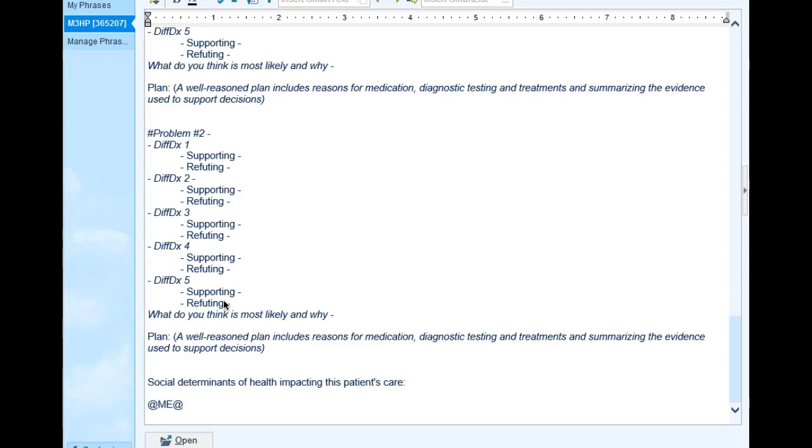Finally, I'd like you to think about the social determinants of health that are impacting the patient's care. As we've talked about in many different venues, the social determinants of a patient's health often have more impact on their larger care than anything that we can really do in the hospital.